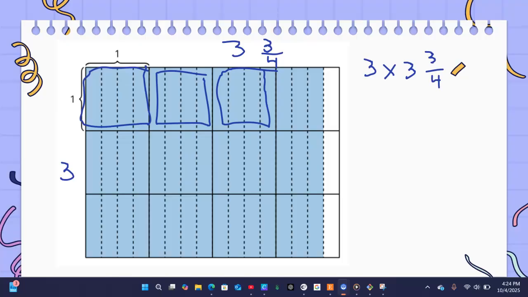Again, we can isolate our images. Another way that you could think about it is, do you remember back in 4th grade you learned the area model? And you have 3 at the side, and you have 3 up here, and 3/4.